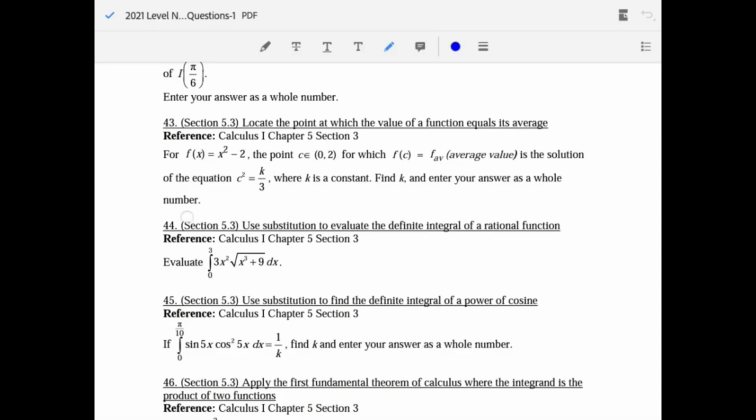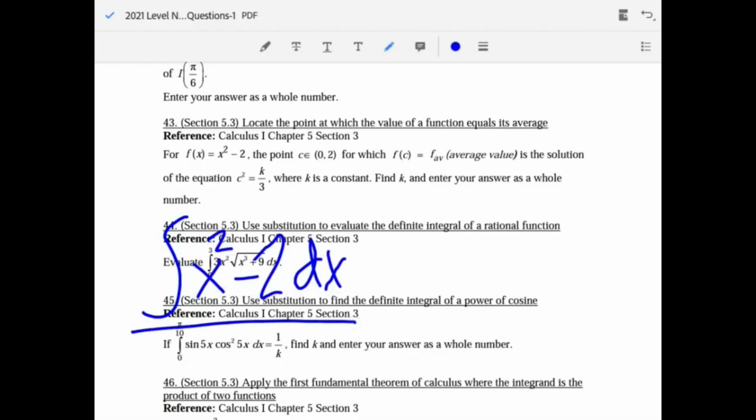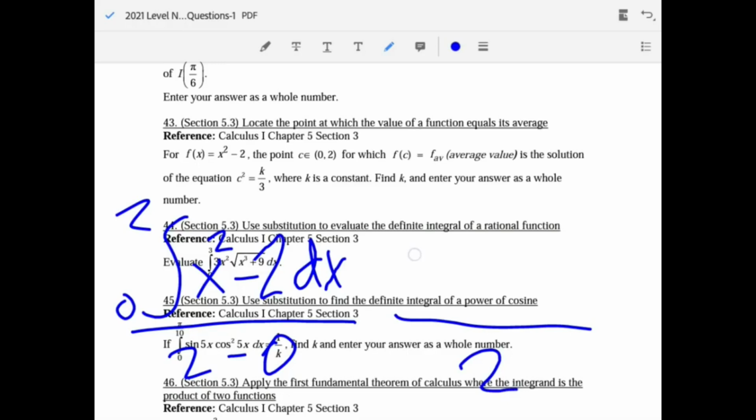So the formula is the integral of x squared minus 2 dx, from 0 to 2, over 2 minus 0. Now, it's 1 over 2 of x cubed over 3 minus 2x, from 2 to 0.